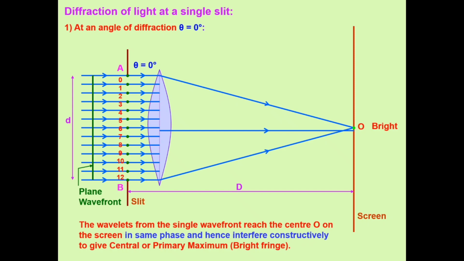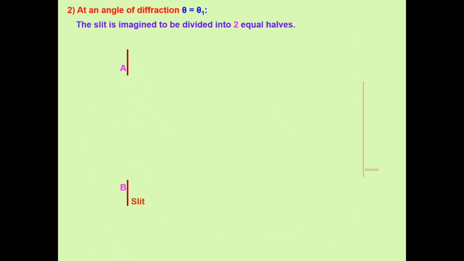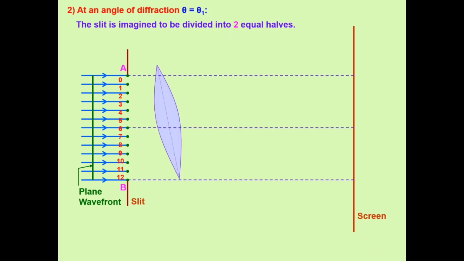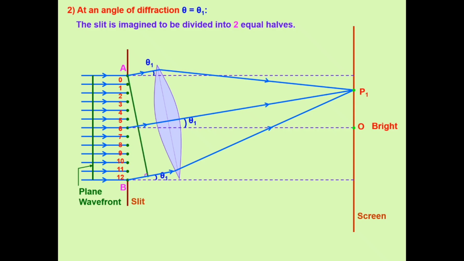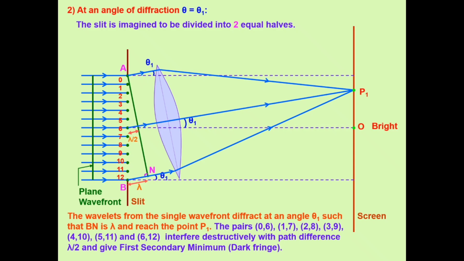As with interference, which has bright fringe and dark fringe, here in diffraction the same terms are used, but because secondary wavelets are used, we have secondary maxima and secondary minima, and the concept is reversed compared to interference. When you take the angle of diffraction theta equals theta 1, imagine you divide the slit into two equal parts.